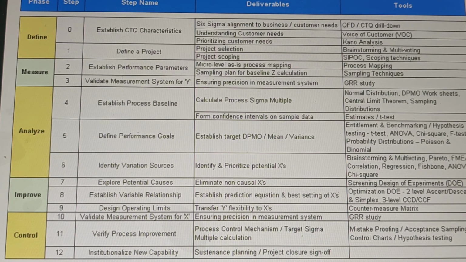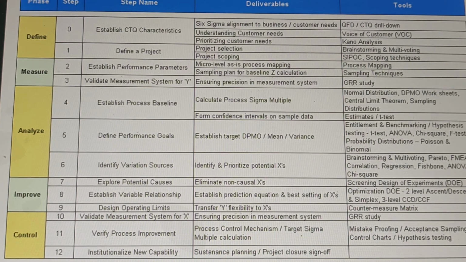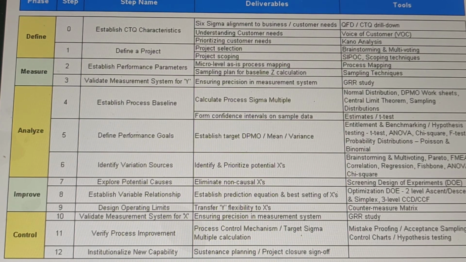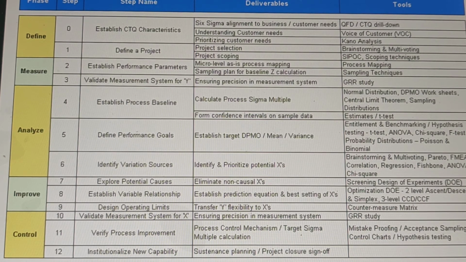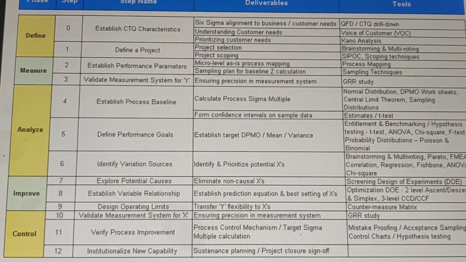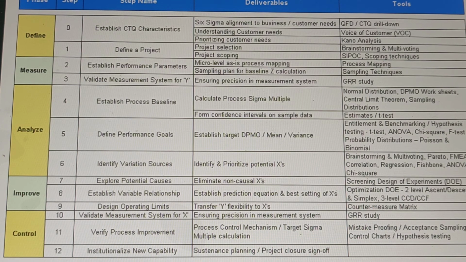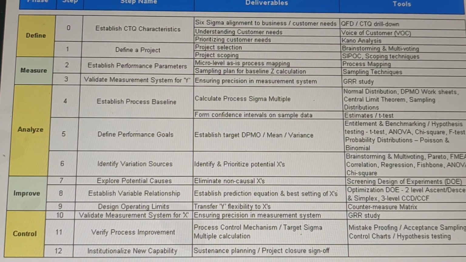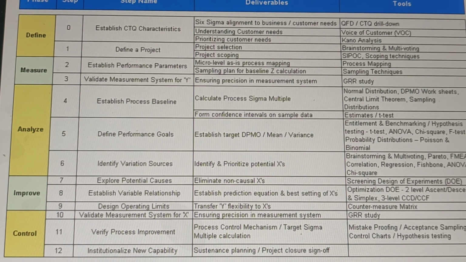GRR is a statistical method to establish that my instrument is correct, and that if different operators use the same instrument, it will give the same result. Suppose 3 shifts are running, and in the 3 shifts different operators are running the machine. In all weather and for all operators we should have the same measurement. For that, the GRR study is to be done.